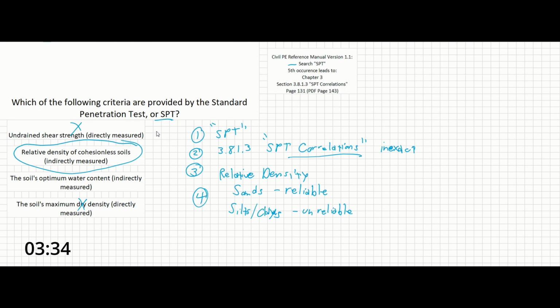And between the word correlation, implying an inexact form of measurement, the relative density as one of the parts of the table, and understanding that sands are cohesionless with reliable measurements, whereas silts and clays have cohesion and are unreliable, that narrows down the answer to the final one here. And that's it.